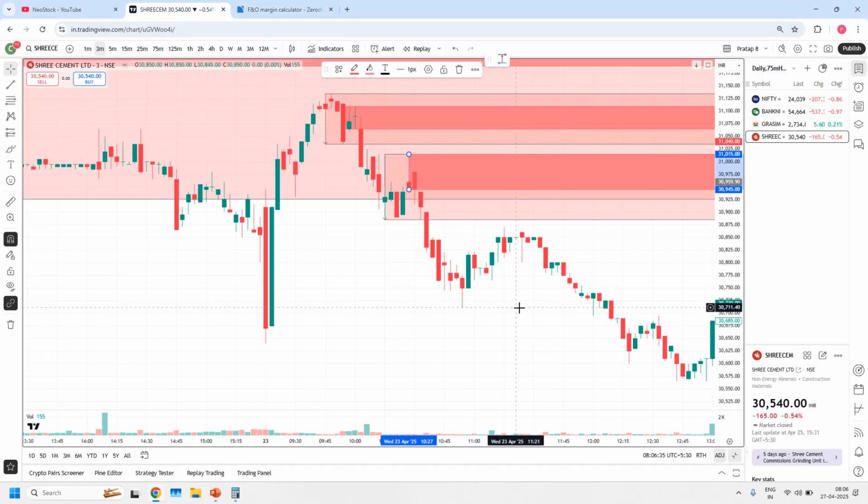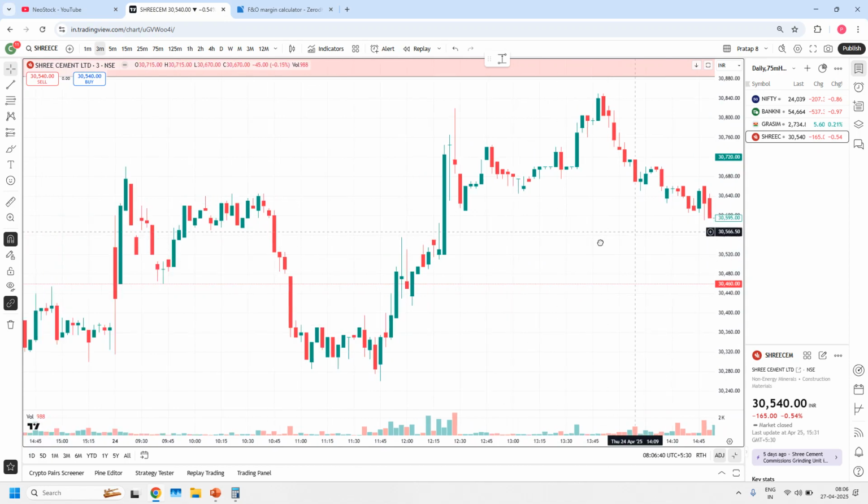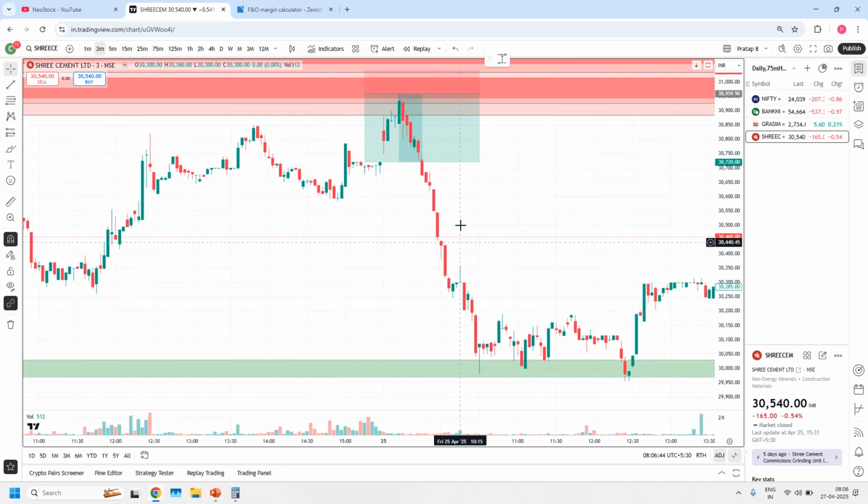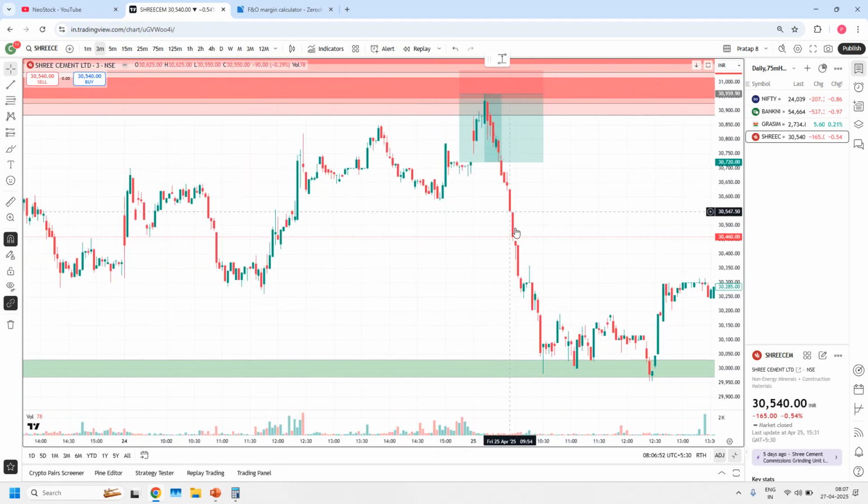Go to the chart. So here we go for a short. So this is the area where we went short. And using the trailing stop concept, you already learned trailing stop loss in lesson 19, right? Using that concept, we captured the whole big move.